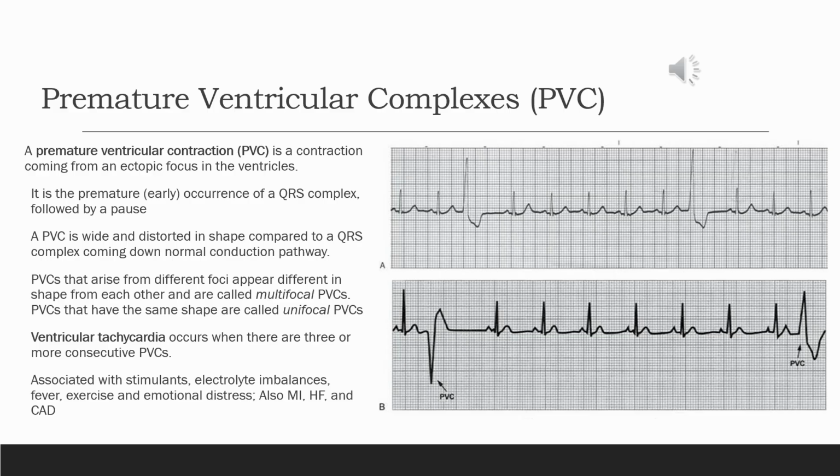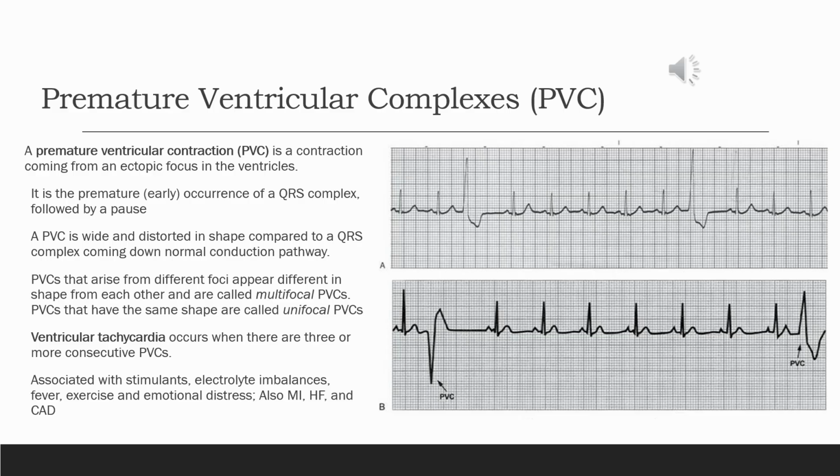So as far as signs and symptoms go, patients who have a PVC may report feeling a palpitation or a sense of having a skipped or pounding heartbeat. And in some cases, PVCs can lead to dizziness or lightheadedness if the cardiac output is significantly impacted. And again, this is very similar to our premature atrial complexes, where this is just an abnormal finding on an otherwise normal rhythm.